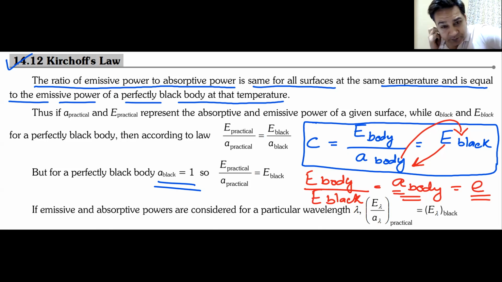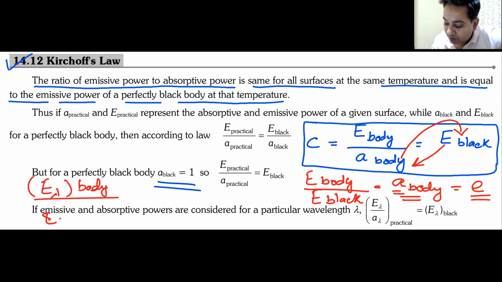How do I get the spectral absorptive power from the same concept or formula? Basically, if I take the spectral power of the body and divide it by the spectral power of the black body, we normally don't do this because a black body has the same thing.